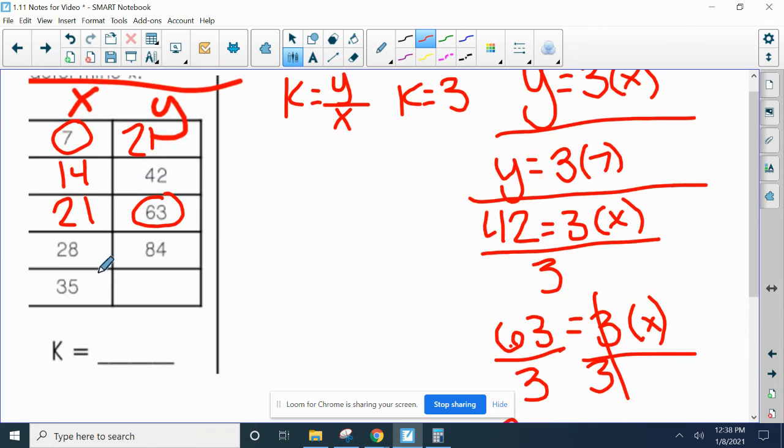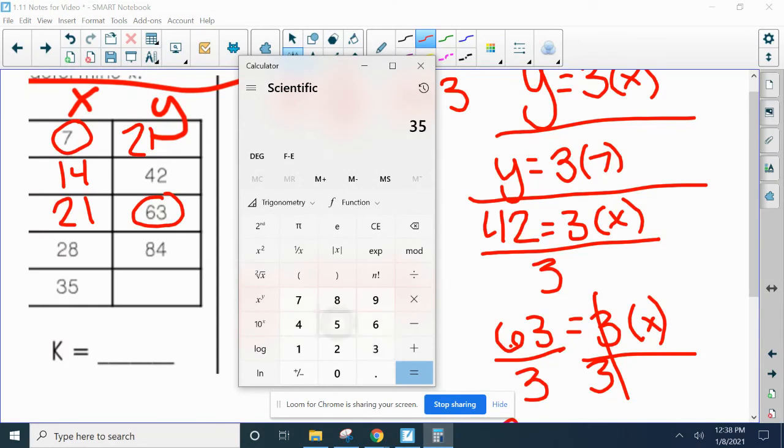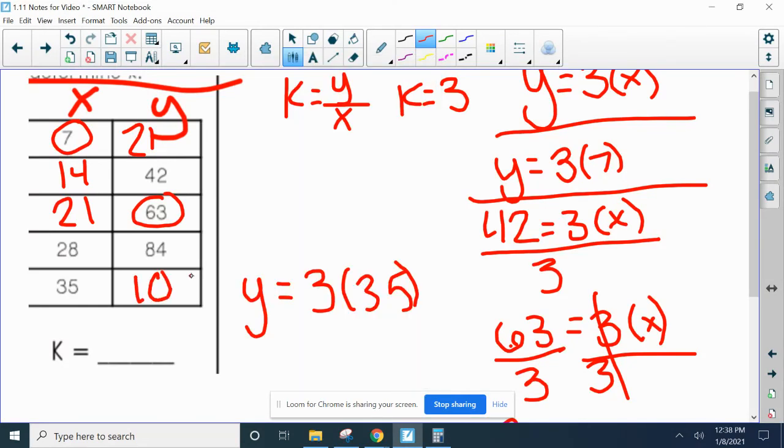All right, and then our last one, this time we have an x value. So y is equal to, again, our constant times our x, which is 35. And we're going to say 35 times 3 is 105.